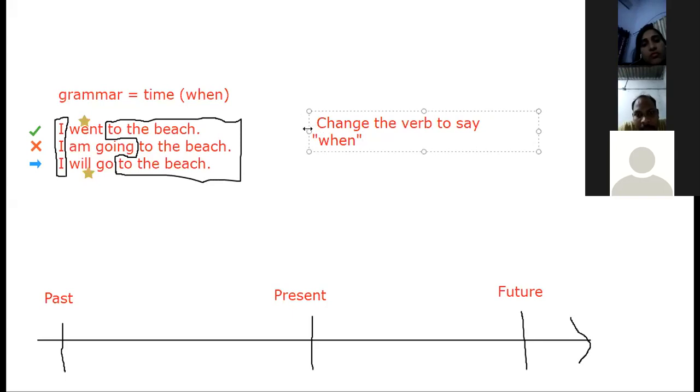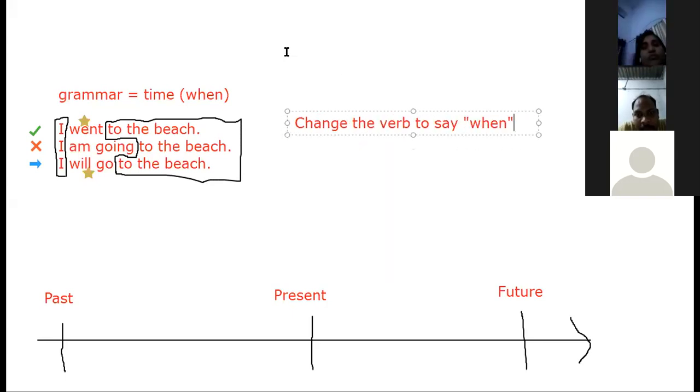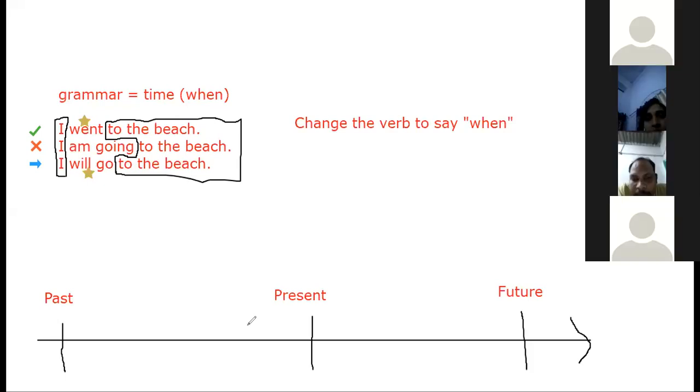That's grammar, essentially. So when we talk about past perfect, are we talking about the future, the present, or the past? What are we focusing on? Past. Yeah, the past. Very good. And specifically with the past perfect, we're focusing on two events that both occurred in the past.